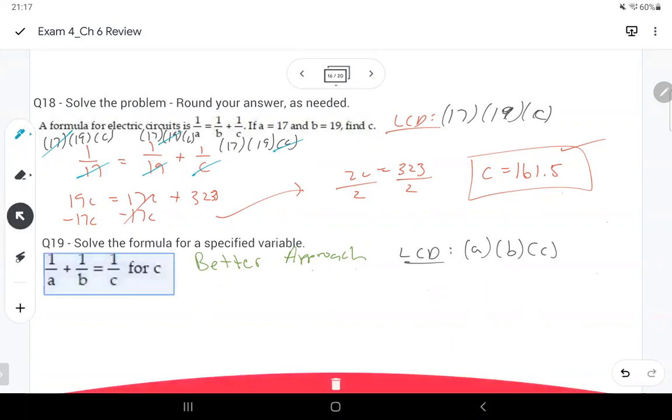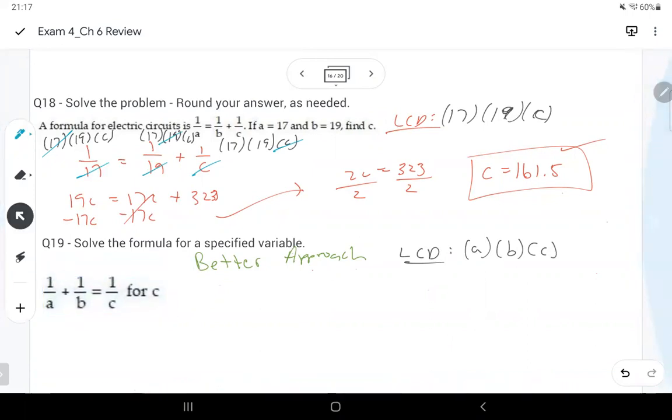Let's move this down just a little bit. Okay, we're going to get rid of the ones that match. And then we're going to end up having BC plus AC equals AB.